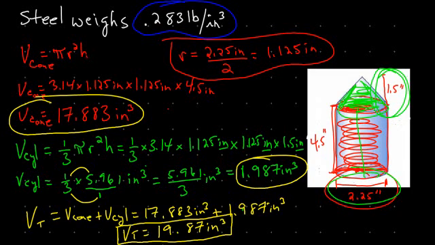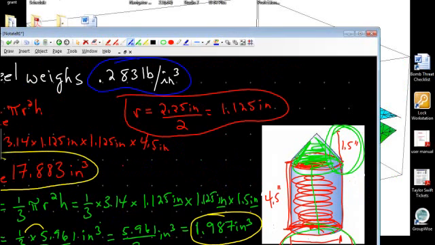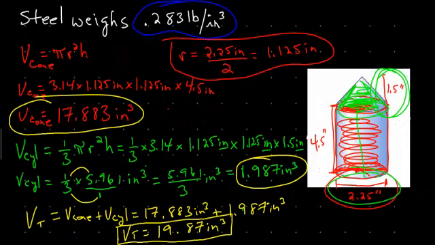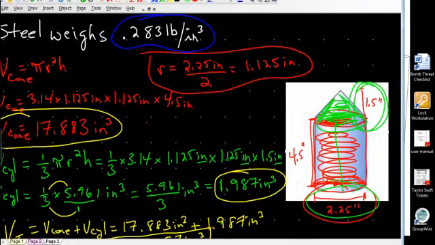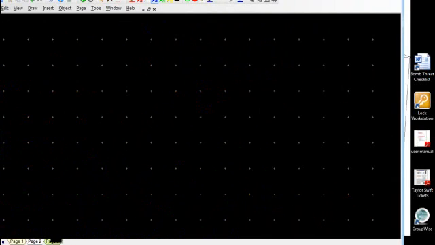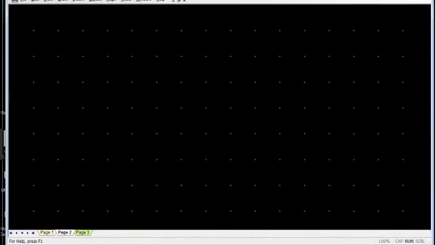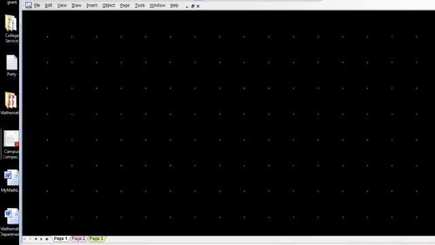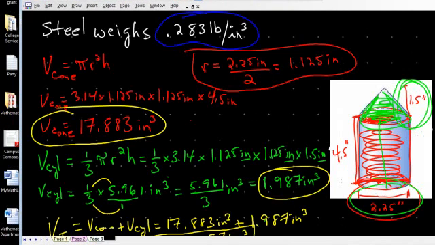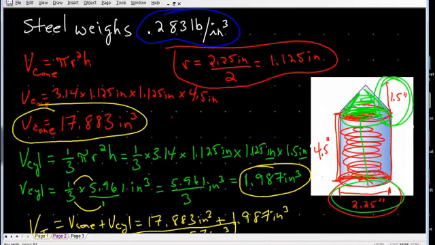Let me see if I can get my, oops, let's get page 2 up here. So we have, what's the total amount that we have there?